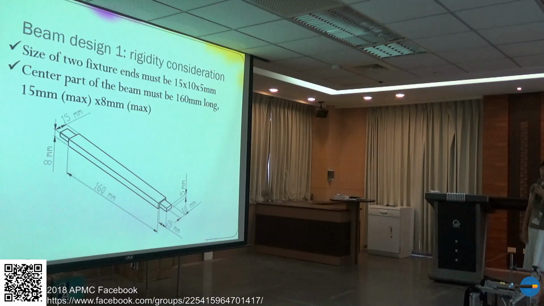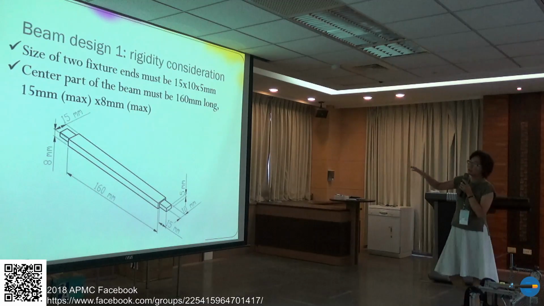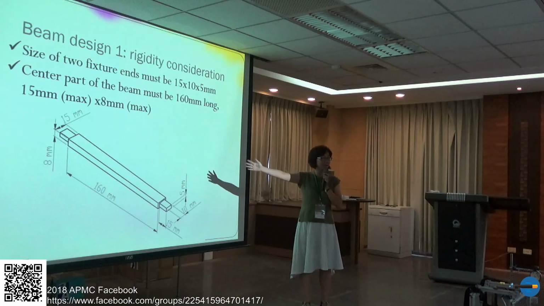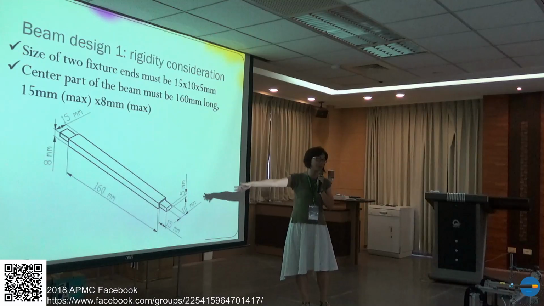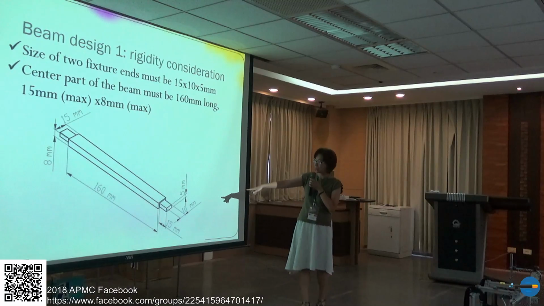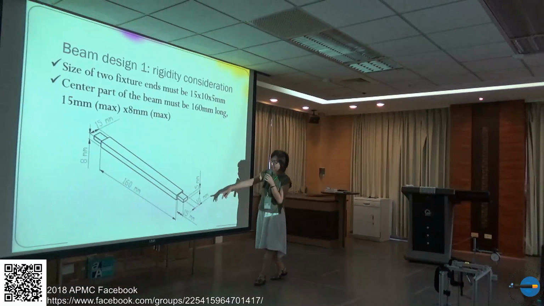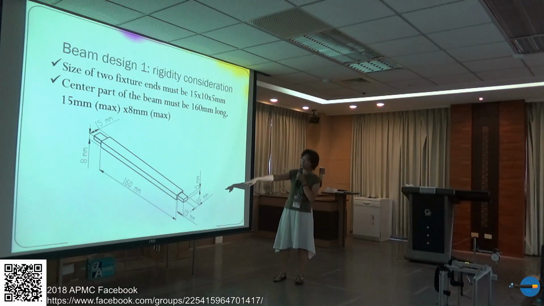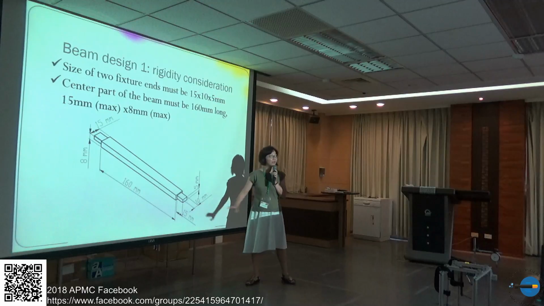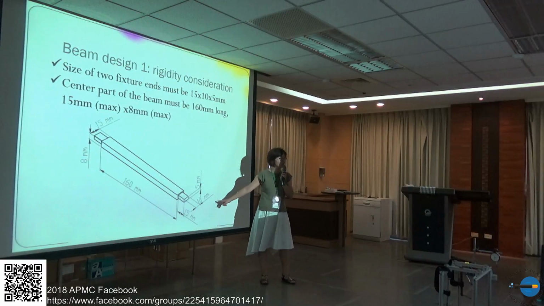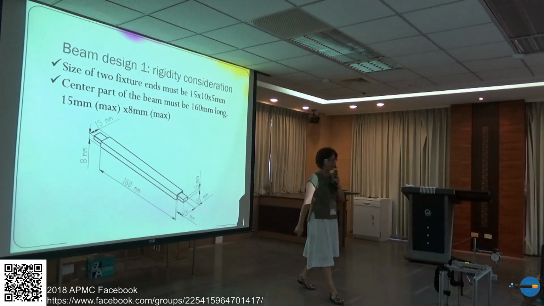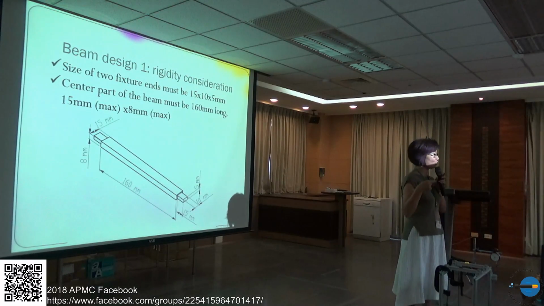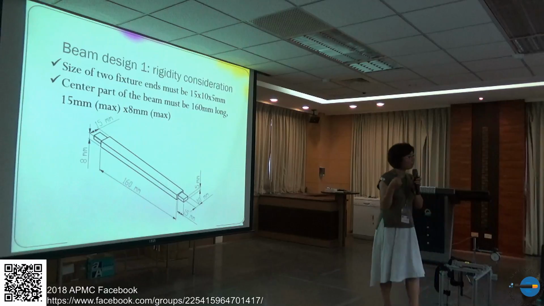And for the rigidity consideration, you need to design. This is your standard sample. Your standard sample should look like this. Okay, it's required that you have 2 fixture ends, and these 2 fixture ends must be this size. You cannot modify this. If you come up here to look at our measurement station, you will see 2 fixtures here, and that's fixed.